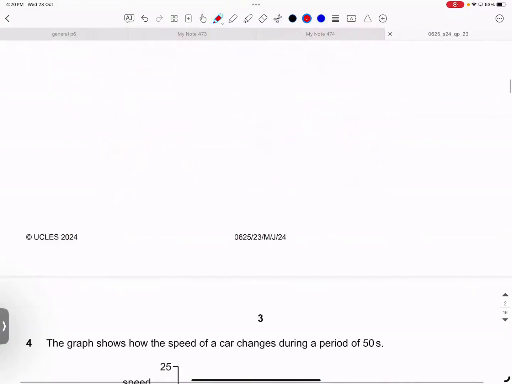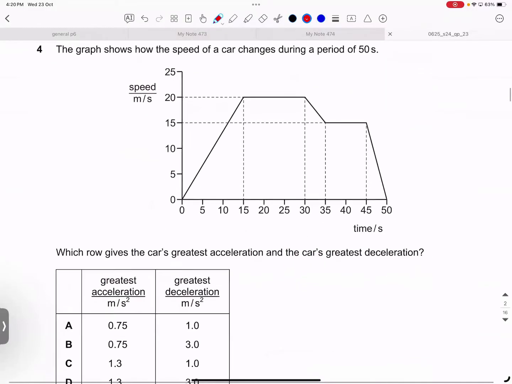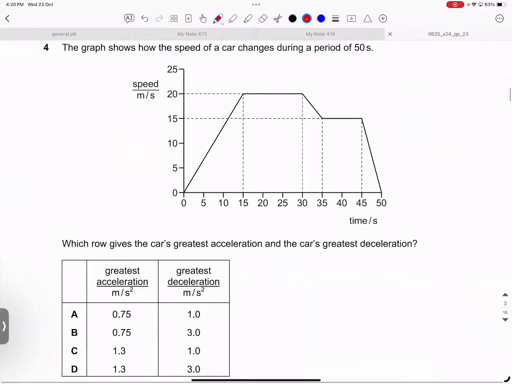Question number 4. The graph shows how the speed of a car changes during the period of 50 seconds. Which row of the car gives greatest acceleration and greatest deceleration? Whether it's greatest acceleration or greatest deceleration, the gradient should be maximum.